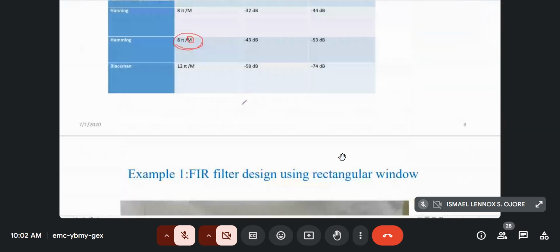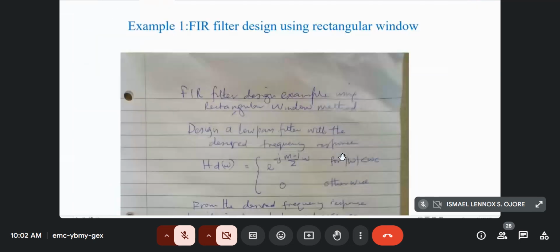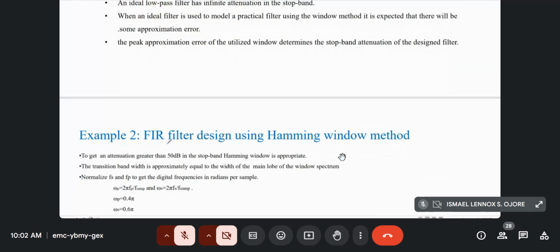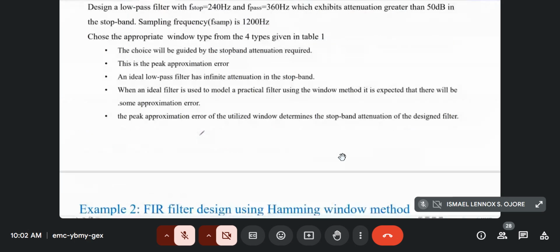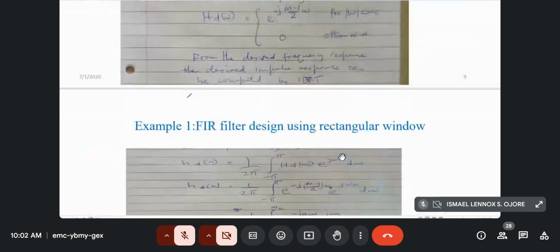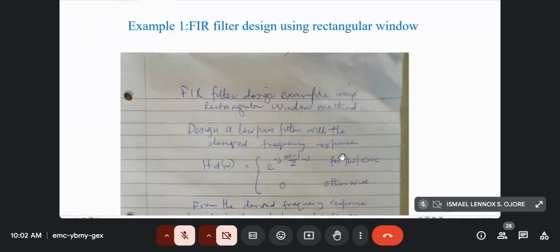I think maybe we can do that in the next lesson when we are looking at this using the Hamming window, so that you don't get confused. So today we're just going to do this example, a filter design using the rectangular window. So FIR, this is now an example where you're given the H_D(ω).